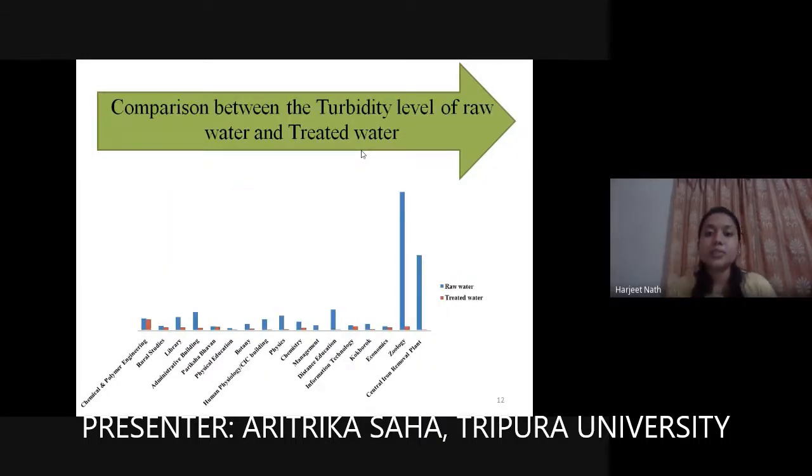This is the comparison between the turbidity level of raw water and the treated water. In the various departments, the raw water turbidity is high, and after filtration it is lower for all the departments. So the filters work properly for the turbidity parameter.